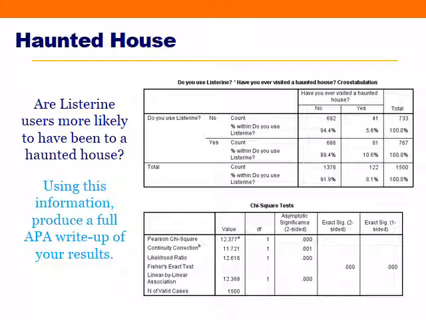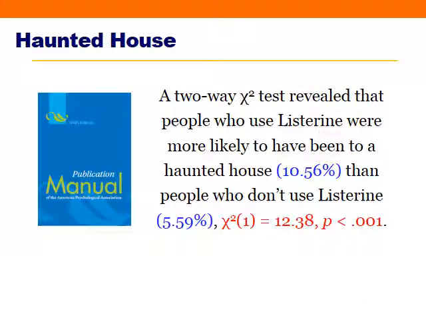Because SPSS says that p equals 0.000, we know that in this case p is less than 0.001 and certainly less than 0.05, indicating that there is a significant difference between these two groups. It looks like Listerine users are in fact more likely to have been to a haunted house compared to non-Listerine users. And if we want to write up the results of our analysis, here's how it would look.